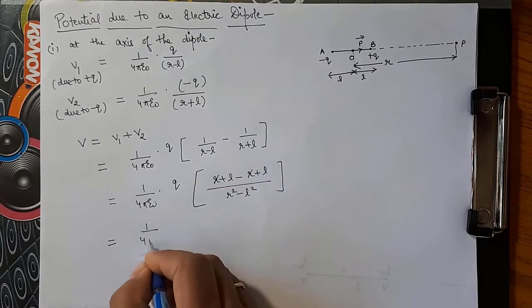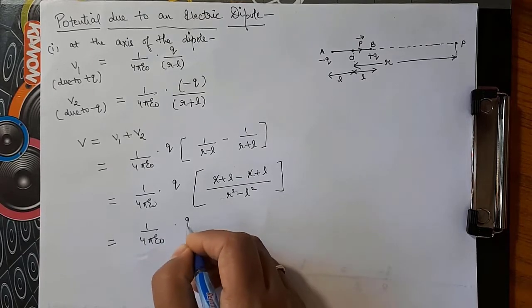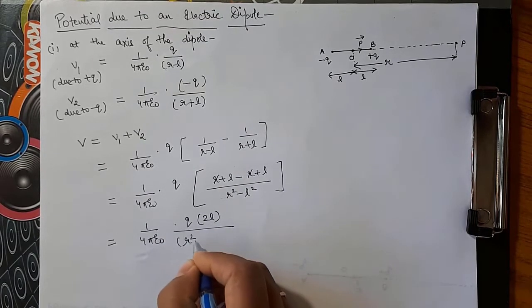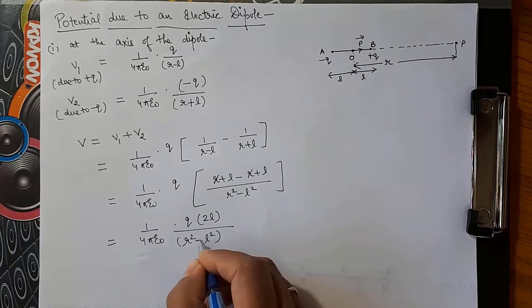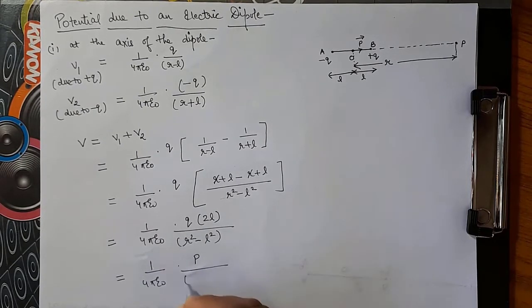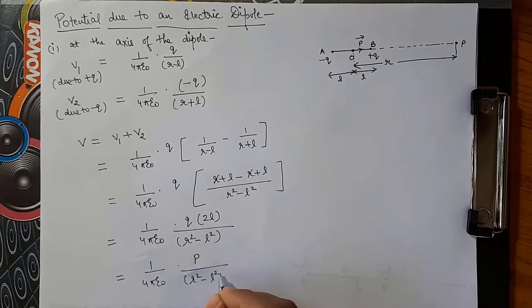And if we look carefully in the numerator, it is q into 2L, which is electric dipole moment. So I can represent this numerator term as p, electric dipole moment.